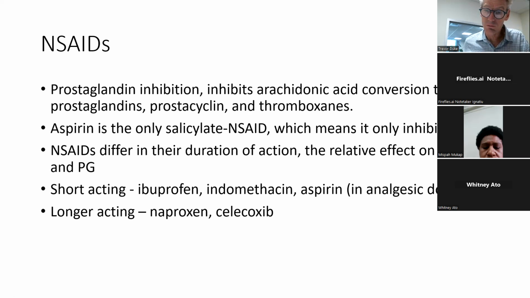It does depend on whether their effect is on the cyclooxygenases or on the prostaglandins, and so there is a variety of short-acting non-steroidals. And so ibuprofen and indomethacin and aspirin, the types of analgesics we commonly prescribe, they're quite short-acting.